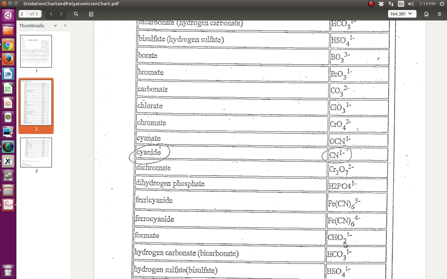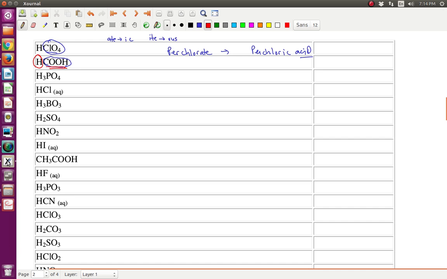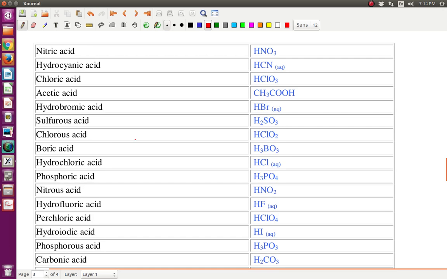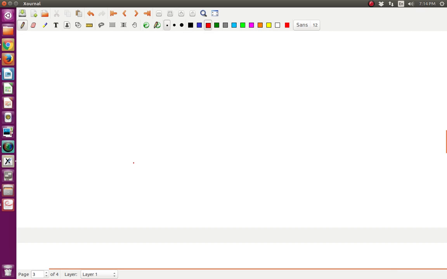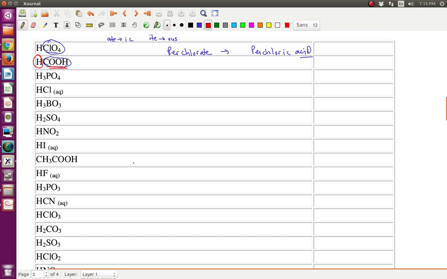CHO2 is formate. See, it can be listed a bunch of ways. Let me double check that one. Yep, I like it when I'm right. So CHO2 is formate. Ate becomes ic, so we've got formic acid.